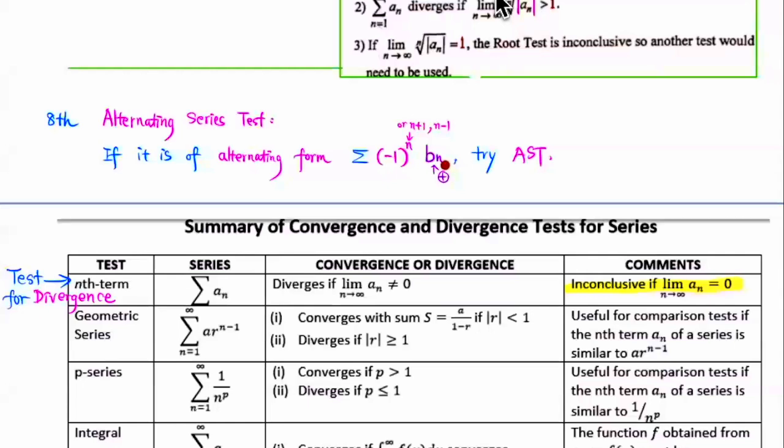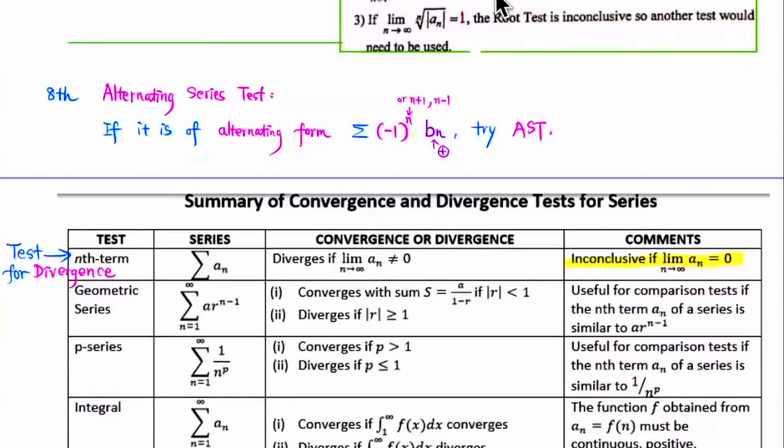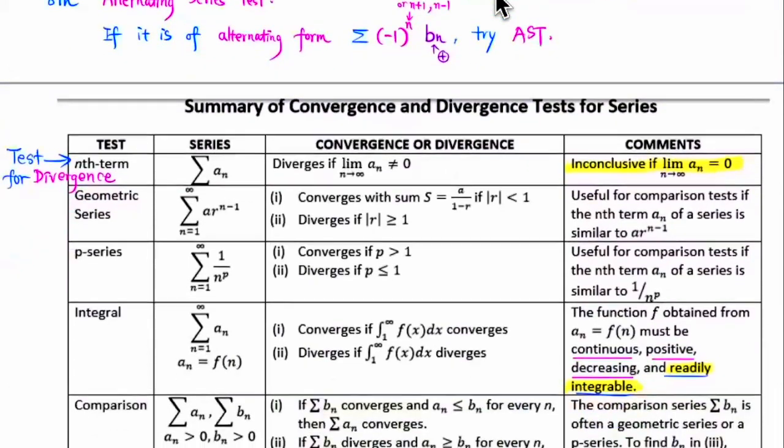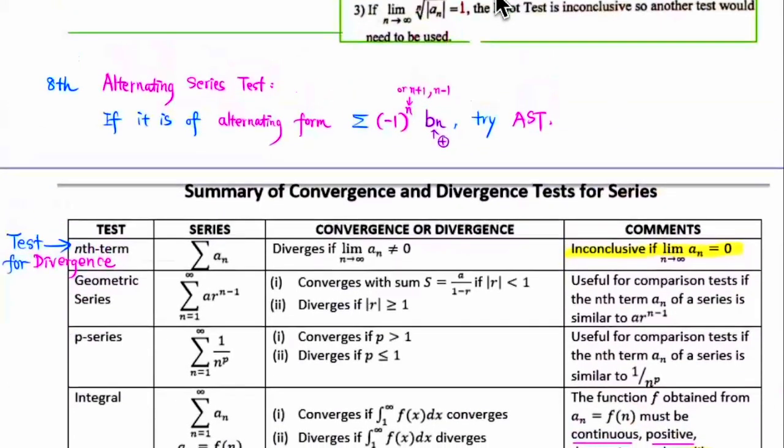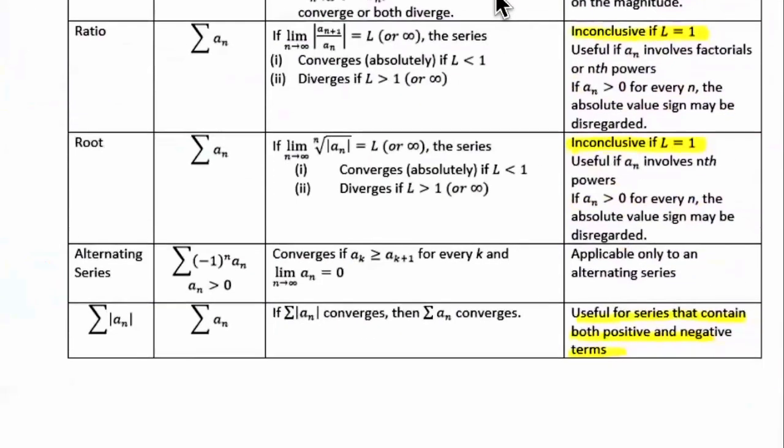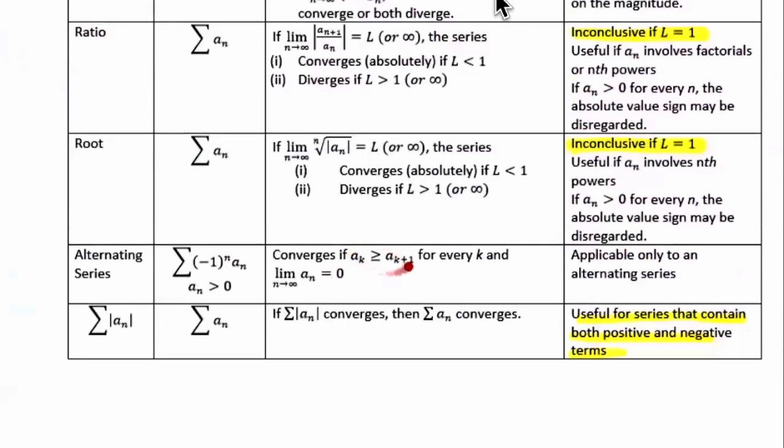It must be decreasing? Yeah. Actually, you want to check if Bn goes to 0 or not. That way it's easier to check. So we want to check if Bn goes to 0 or not. If not, then you can actually say that the series diverges by the test for divergence. And if Bn goes to 0, then we also check that Bn plus 1 is less than or equal to Bn. So you check this.